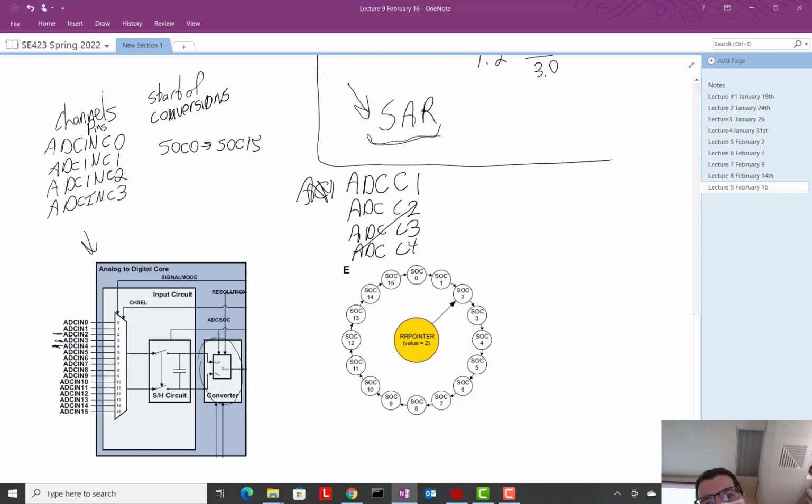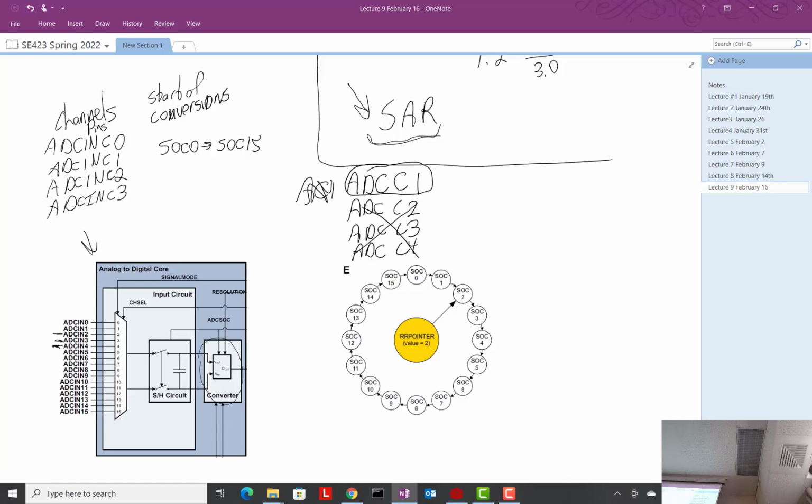We're never going to use these other four. So this is the interrupt that occurs when we're going to always just enable ADC C1. I should say never, but in the class we'll never be using it. ADC C1 is the only interrupt source that we're going to generate. And it'll come when the last conversion is done in our sequence. That'll be our goal. Okay?